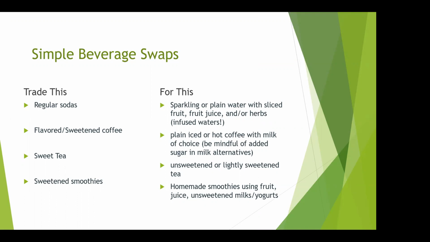So consider, instead of drinking regular soda, maybe take sparkling, plain soda water, club soda, something like that, mineral water, or just plain water, and add your own sliced fruit, add a splash of fruit juice, add some herbs like mint, and you've just made infused water. And these can be really nice and refreshing. You know, serve them over ice or however you like to serve it.